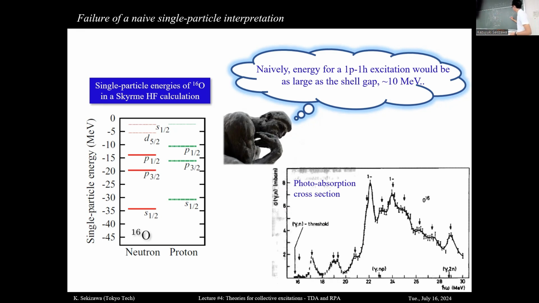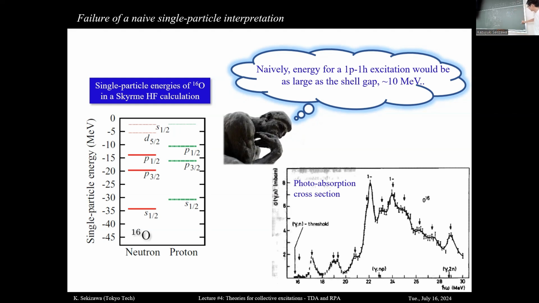So this already indicates some idea of collective excitation. For instance, this shaded circle may represent the proton density, and this is the neutron density.